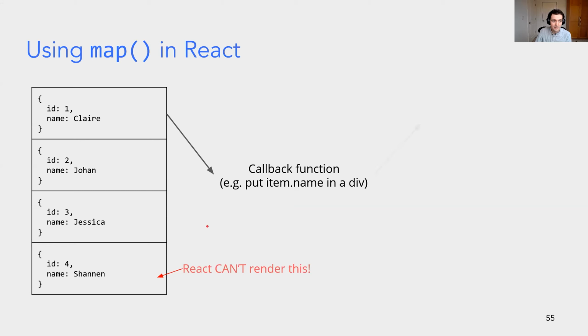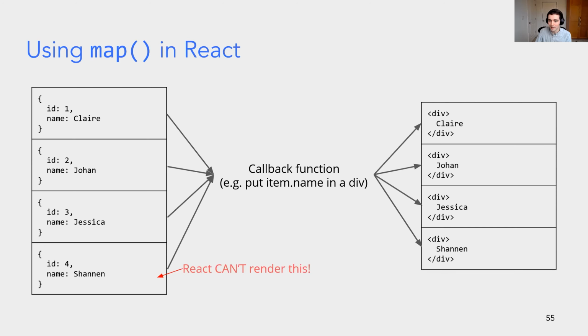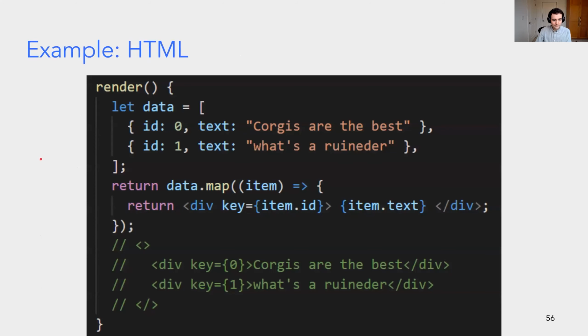So if we use .map, it will put each of these items through the callback function. And then we'll end up on the other side with our 4 divs with the 4 names inside of them. And React can render this in a nice way since it's just JSX. So what does that look like in actual code? Let's see an example.